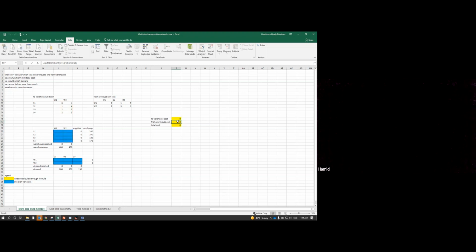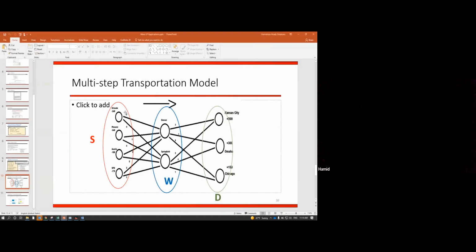The second yellow cell refers to the multiplication of whatever goes from warehouses to demand points times their cost. You have two different costs, one from supply to warehouse and one from warehouse to demand points. So depending on your decision variables, these two cost cells would get different values.